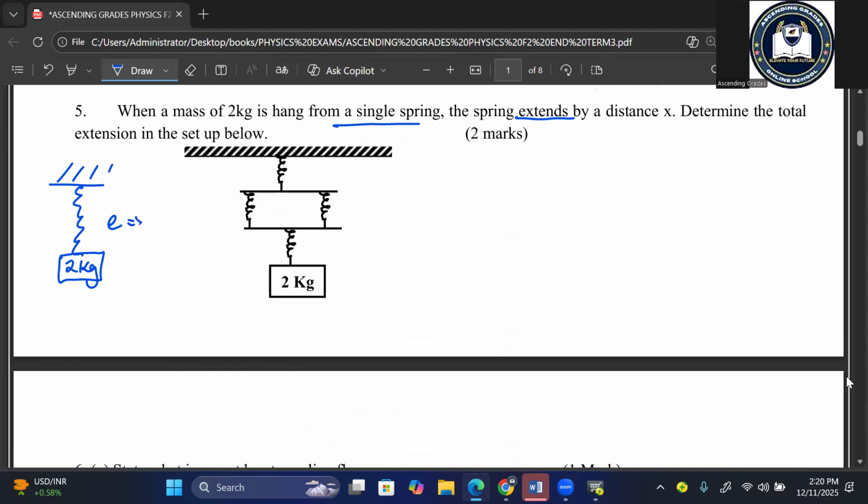So the extension for this one becomes x. Then you are told to determine the total extension in the setup below.